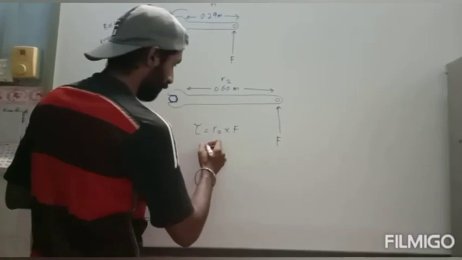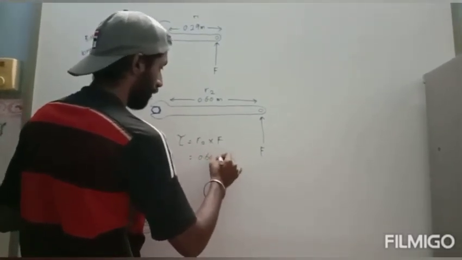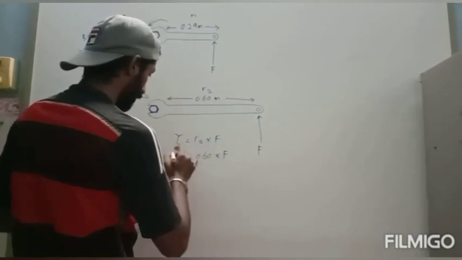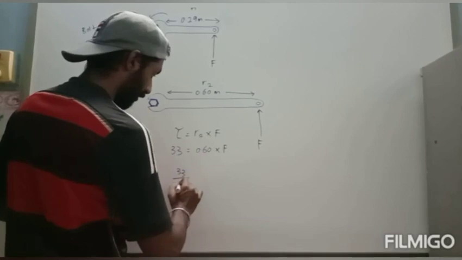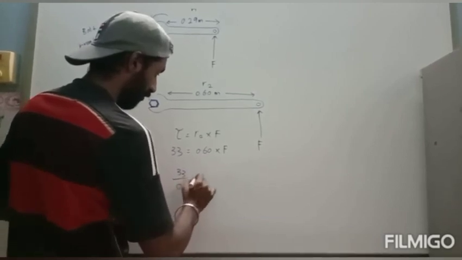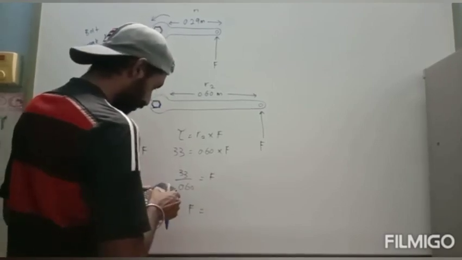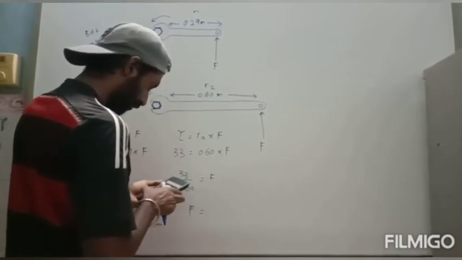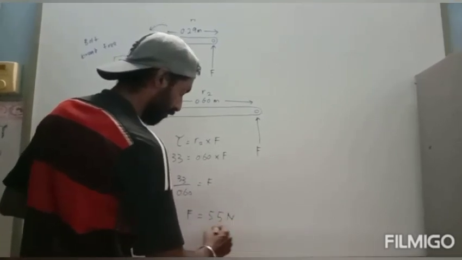Okay, for this system, this wrench is 0.6 meter times F, and the torque is the same. So 33 divided by 0.60 equals F. F equals 55 Newtons.